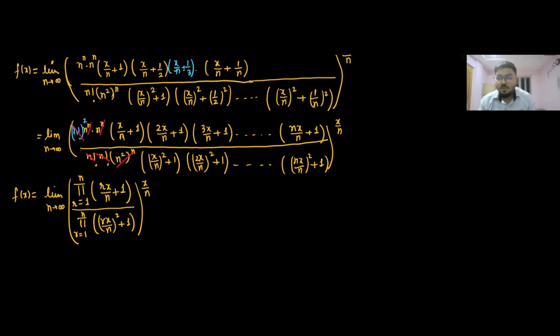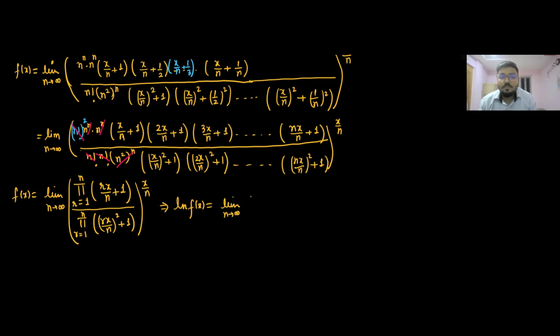Now we want to take log here because everything is in product. We have to convert into sigma. So for converting to sigma, we are taking log on both the sides. So ln f(x) equal to limit n tending to infinity.